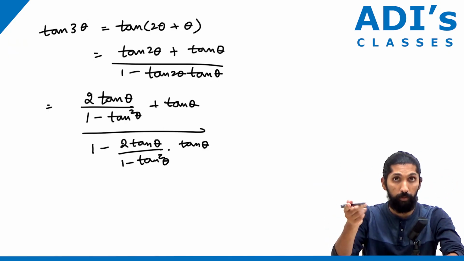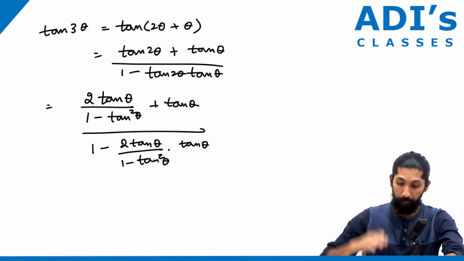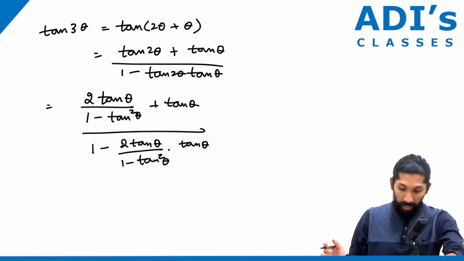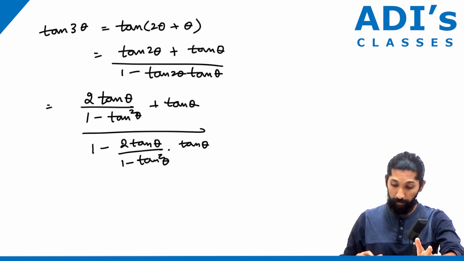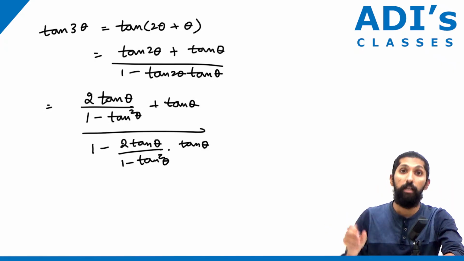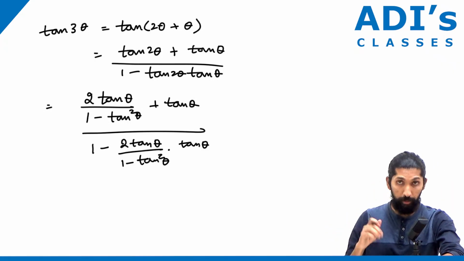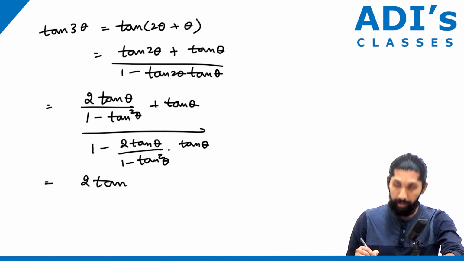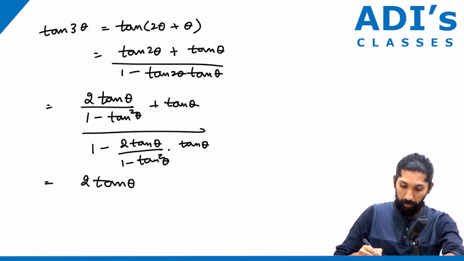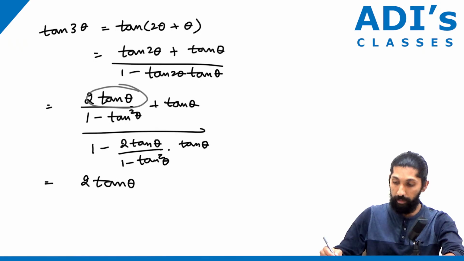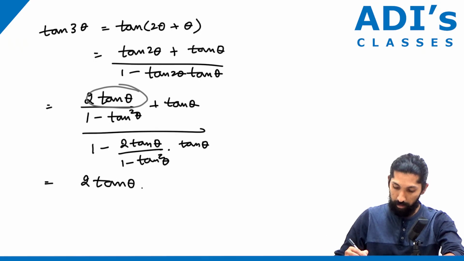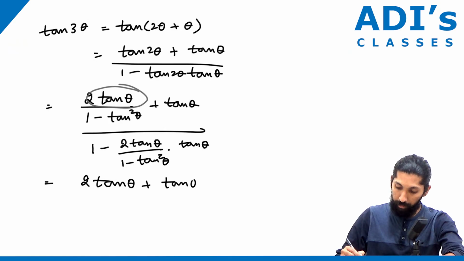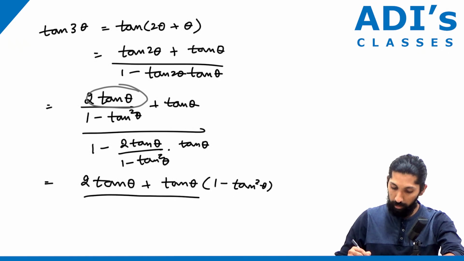It's just expansion of the tan 2 theta, correct? One of the multiple angles what we have just derived a couple of minutes ago. Now, you can't cancel anything whatsoever, because everywhere you can't cancel. Take LCM. If you take LCM, we are going to have 2 tan theta plus tan theta into 1 minus tan square theta all over 1 minus tan square theta.